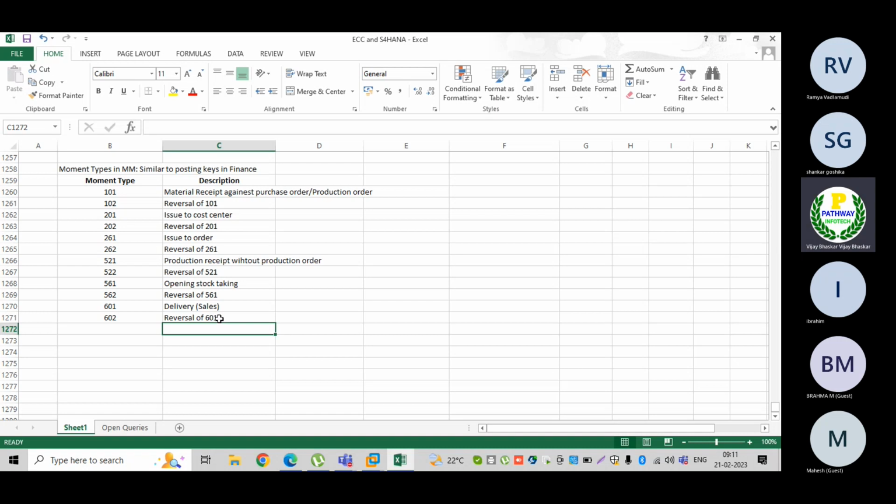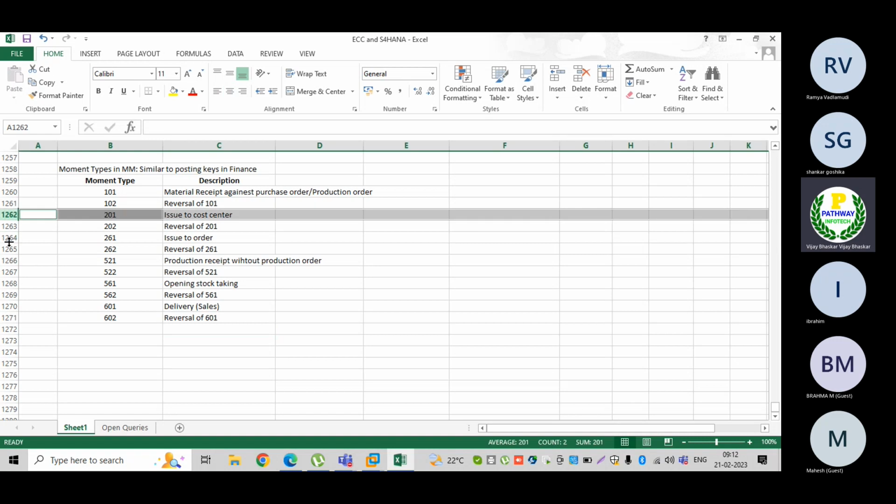Now, what is the difference between 261 and 201? In 201, I am issuing raw material cost center wise.